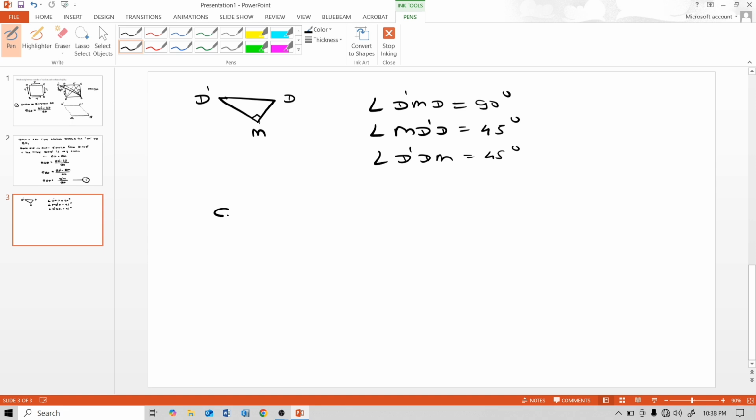Consider cos 45 degrees. Cos theta is equal to adjacent side upon hypotenuse.